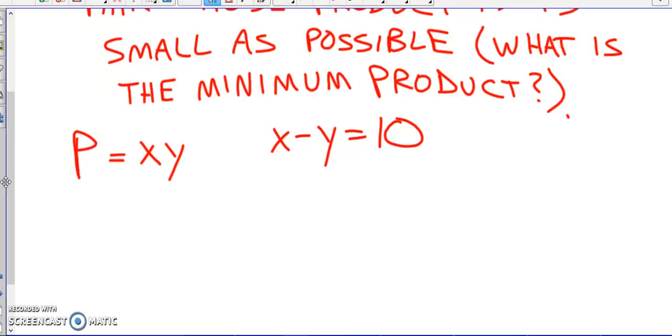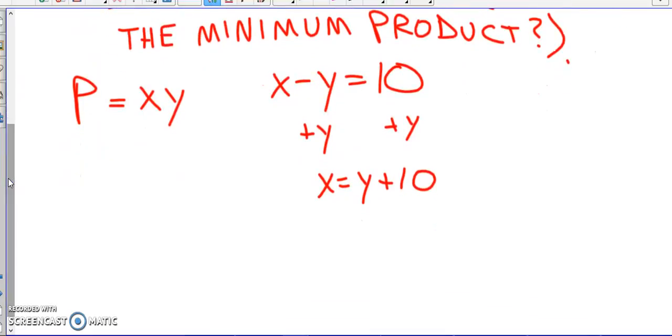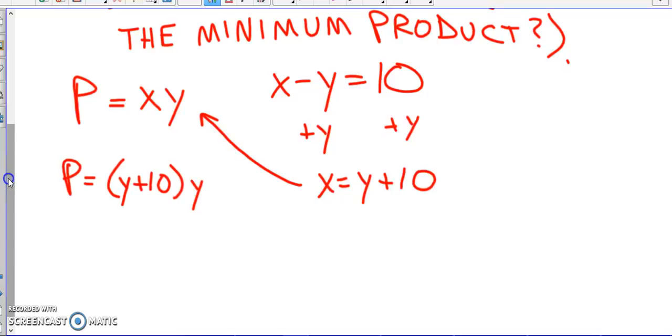X. So pretty clearly you add y to both sides and you get x equals y plus 10. So then I'm going to plug it in here. So P is equal to y plus 10 times y.